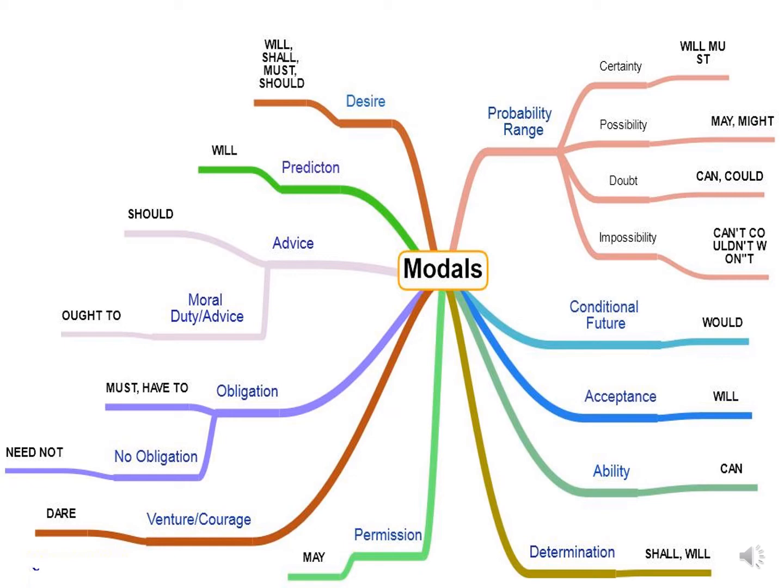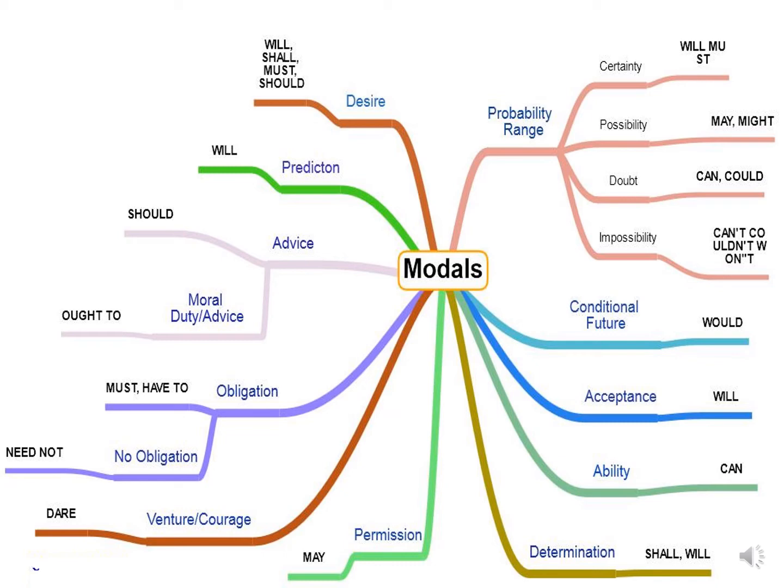Will for acceptance. Will for determination. Will for desire. Will for prediction. Obligation, must or have to. Ought to is moral duty, advice. Should is again advice.